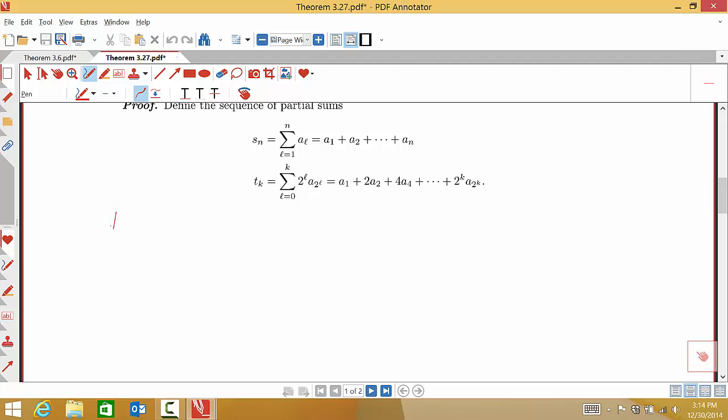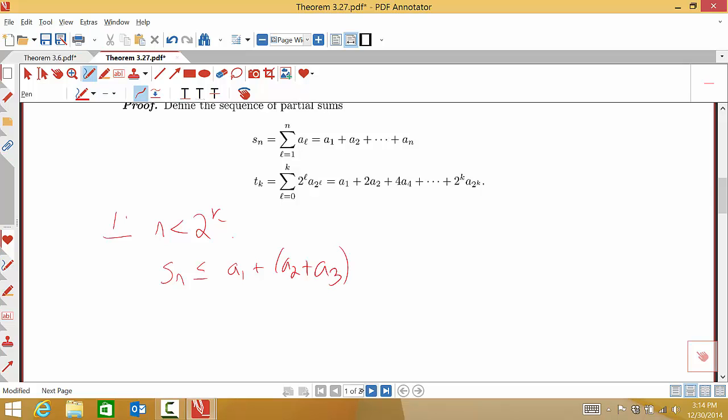So we're going to do case 1. Case 1 says if n is less than 2 to the k, let's look at our sequence S sub n. S sub n is less than or equal to, let's just group these a little bit differently. I've got A1 plus A sub 2, I can pair that up with A sub 3.